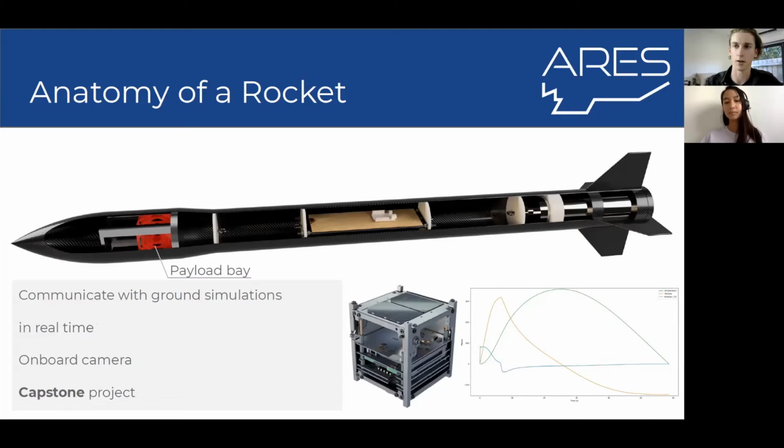So GPS is a very reliable way of tracking the trajectory of the rocket. But the challenge for us is to try and find another method, such as barometers for finding the altitude, or IMUs for measuring the acceleration and rotation of the rocket. So that's some of the components that might be inside.